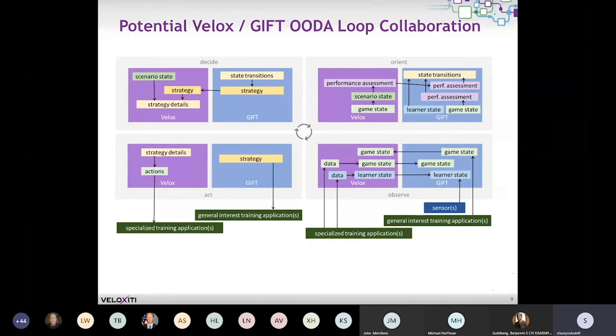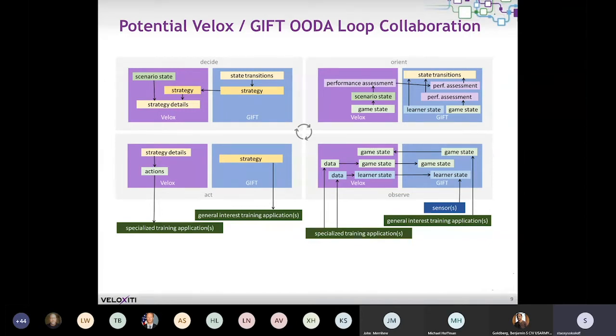Orient is currently where I think most of the interaction in our SMART integration with GIFT occurs, because we are sending performance assessments to GIFT. And those can be combined with performance assessments that it makes sense to do inside of GIFT rather than use SMART as an external assessment engine.